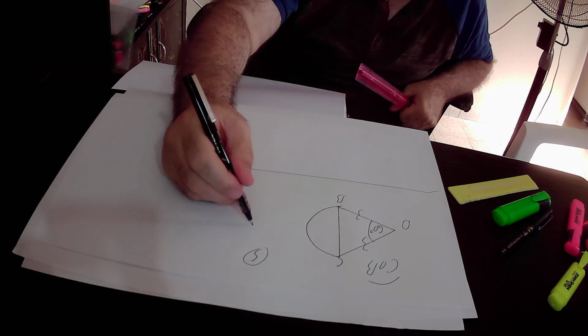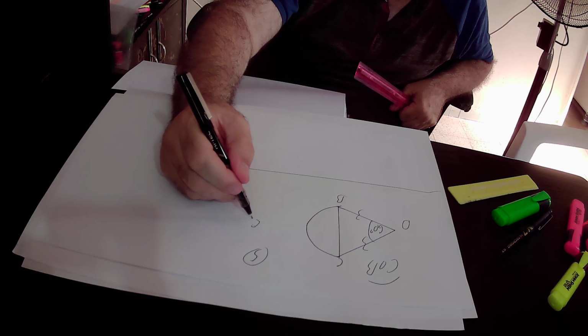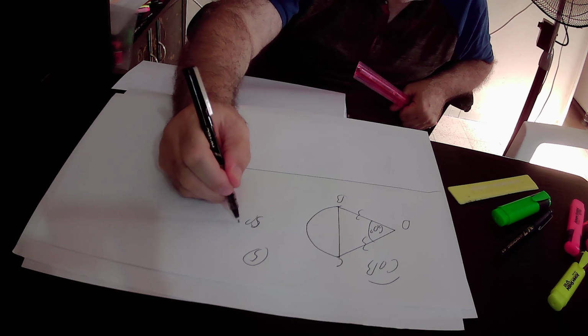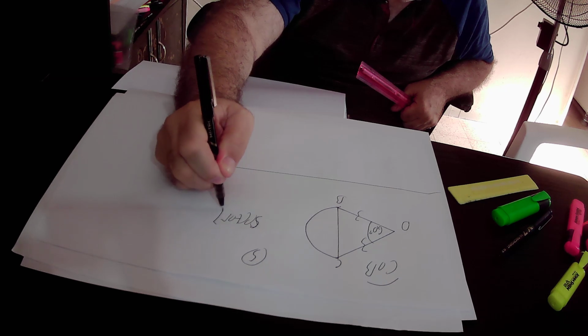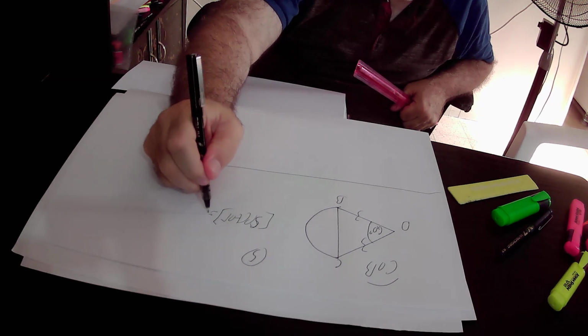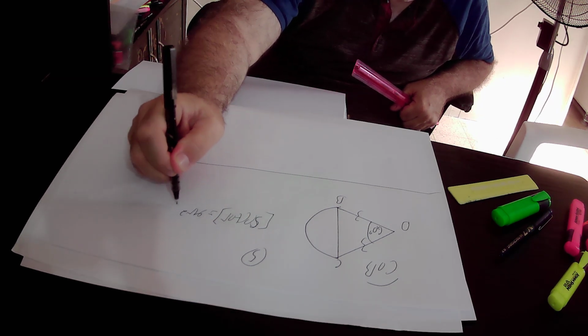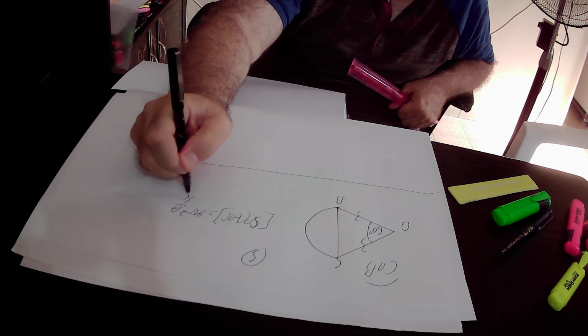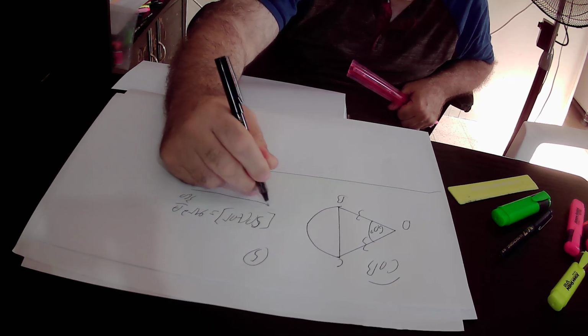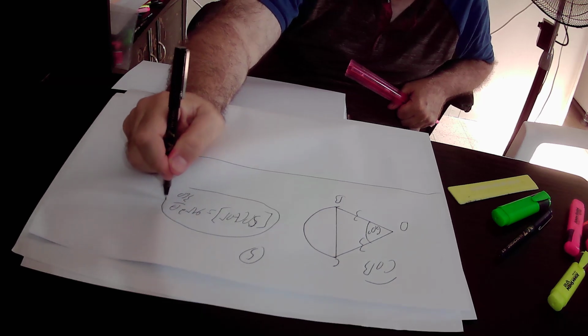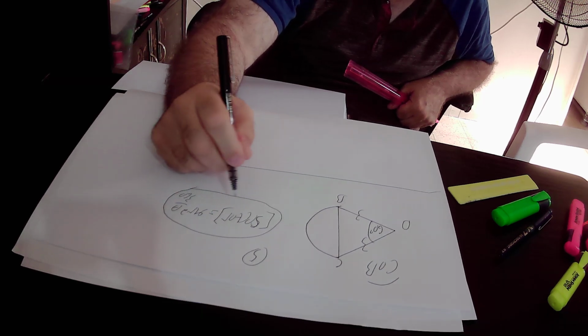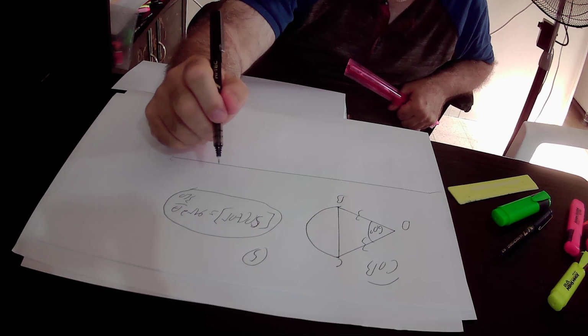We have already found out that the area of any sector is equal to pi r squared times theta over 360 degrees. R is the radius of the circle or semicircle that contains the sector, and theta is the angle between the legs of the sector.